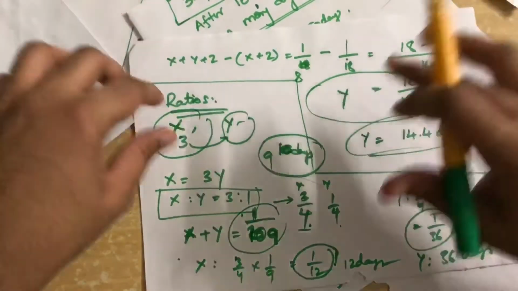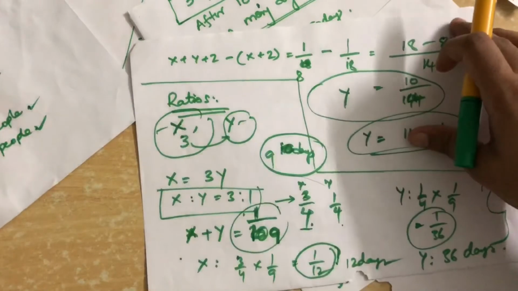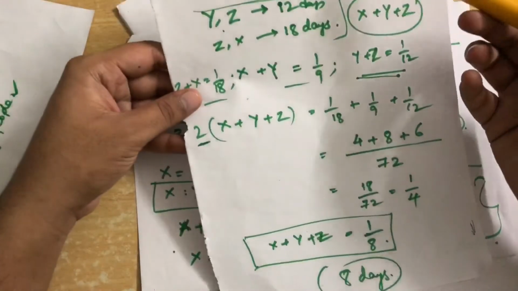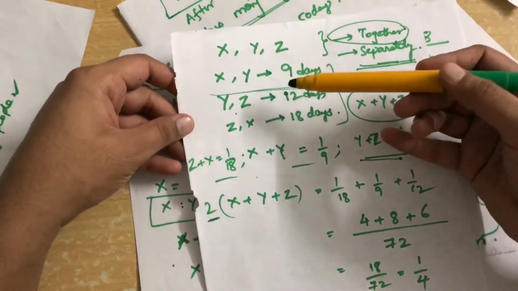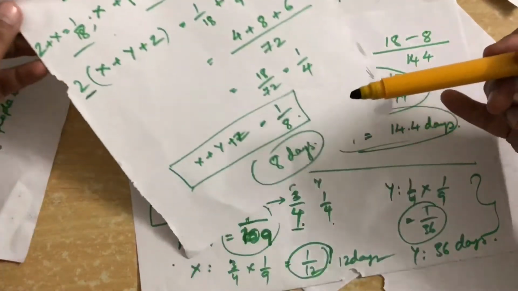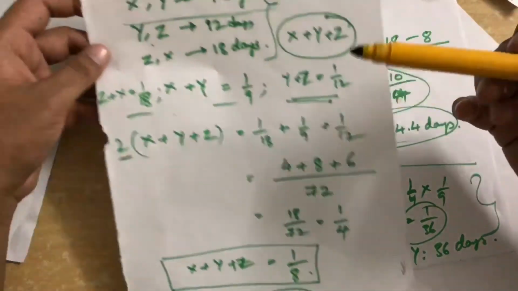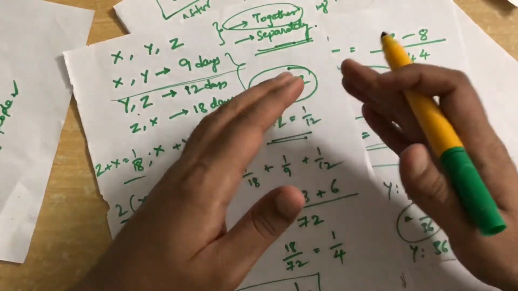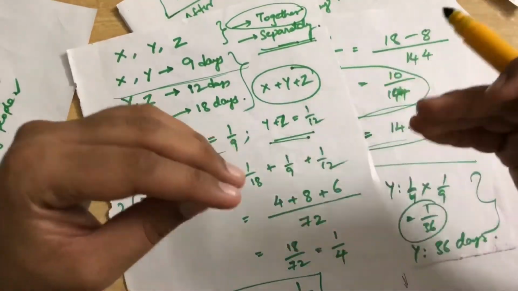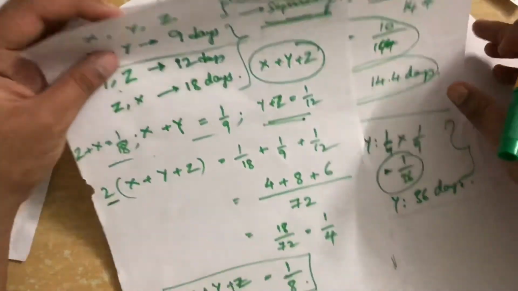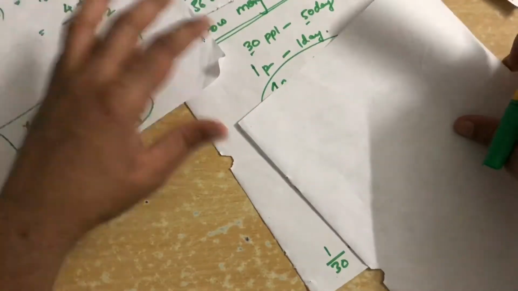Those are the kind of questions. You won't be given the ratio in those kind of questions. You're going to be given something like this. Say there are 3 people, they are going to take these many days together. Then you're going to find out how much each person is capable of, and then do a ratio of that, and then find out how much share each person gets. So that is how you're going to deal with money in there.